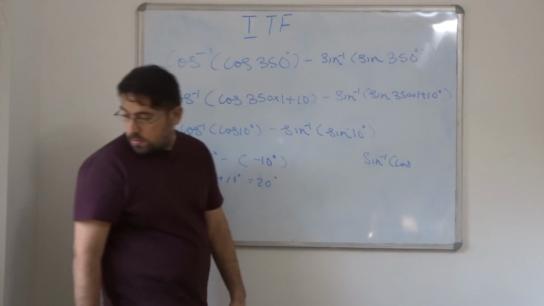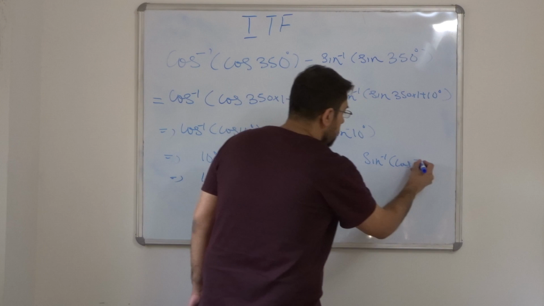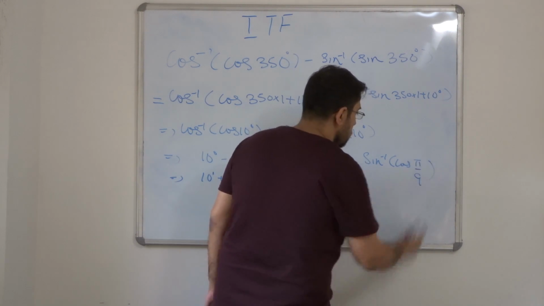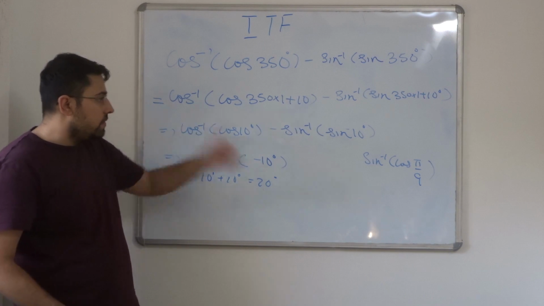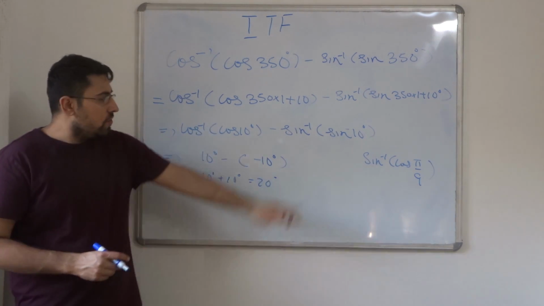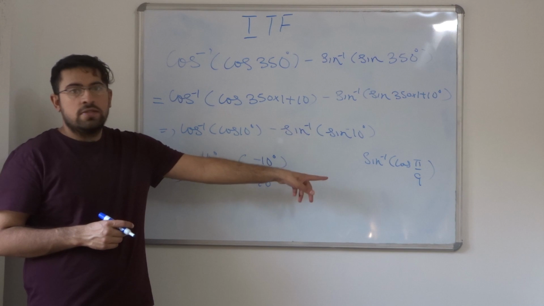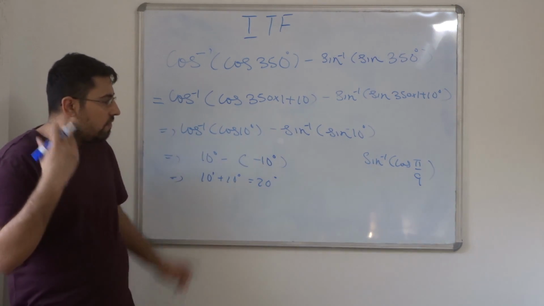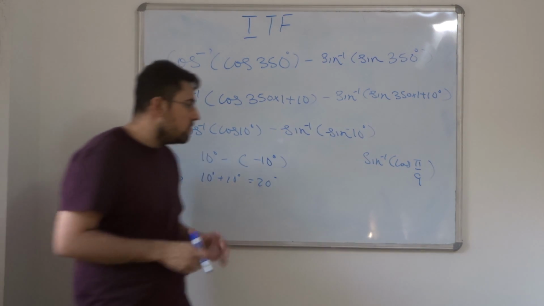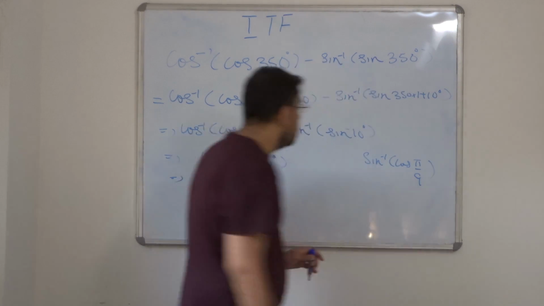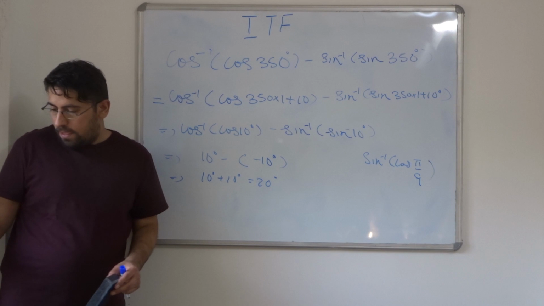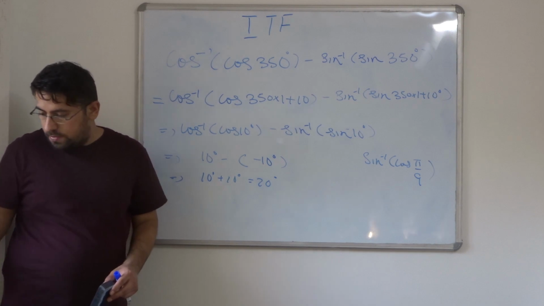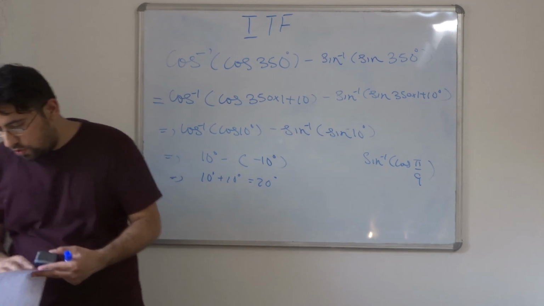Pi upon 9. Okay, try solving this one. It's a little tricky, but try solving it. You've already solved one like this previously, so have a look at that. Try and solve it. And we'll be just about done.